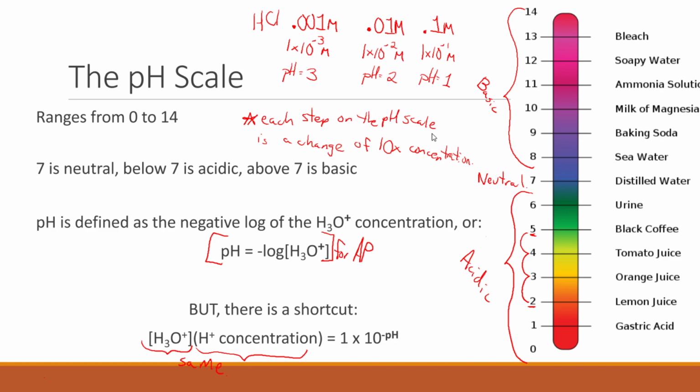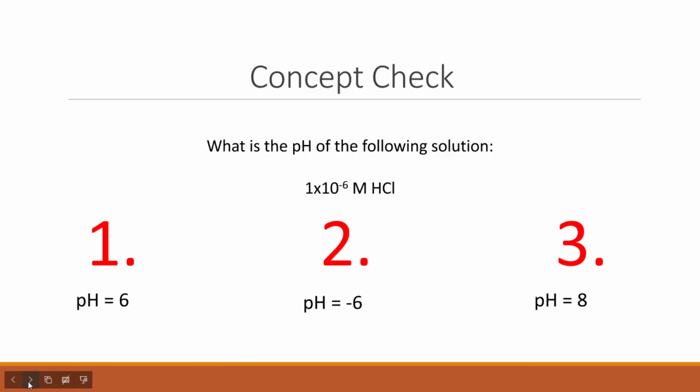Can I see how to do the shortcut again? Yes. Actually, I'm going to do that here. What is the pH of the following solution? With something that has a concentration of, again, this is telling you the concentration.